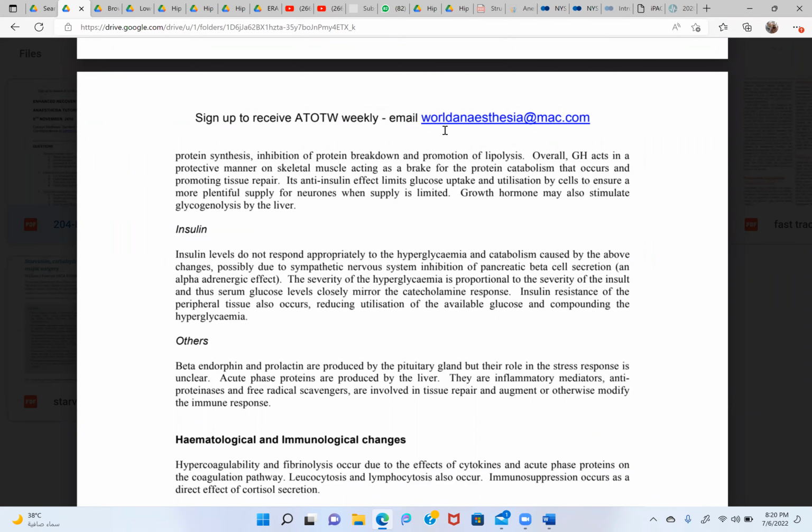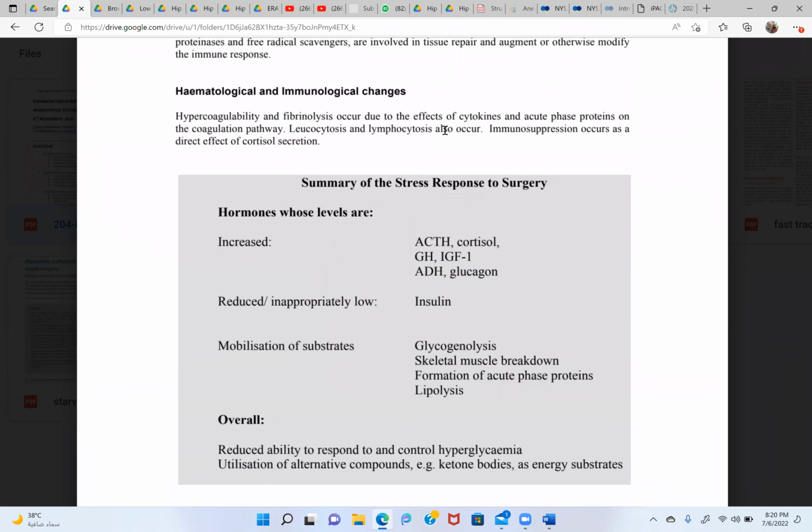In this chart you can see ACTH, cortisol, growth hormone, insulin-like growth factor 1, ADH, glucagon increased and insulin lowered, and there is negative nitrogen balance, with more catabolism and glycogenolysis.